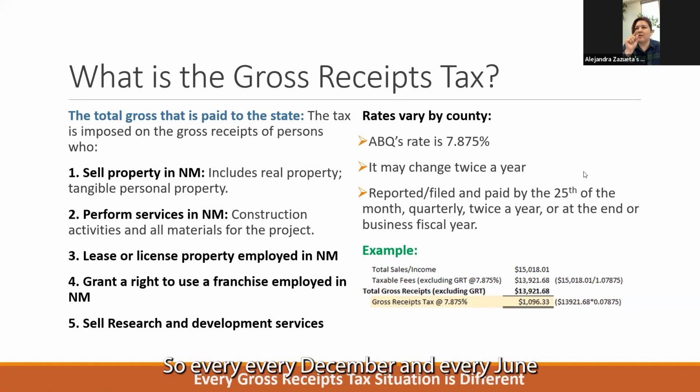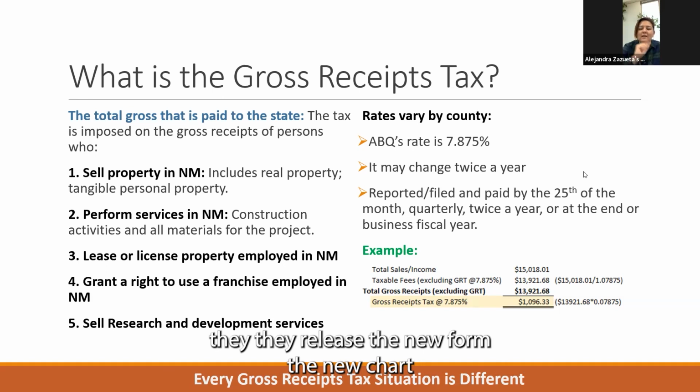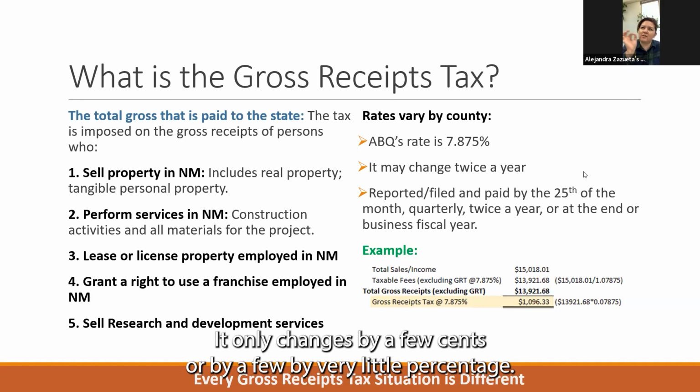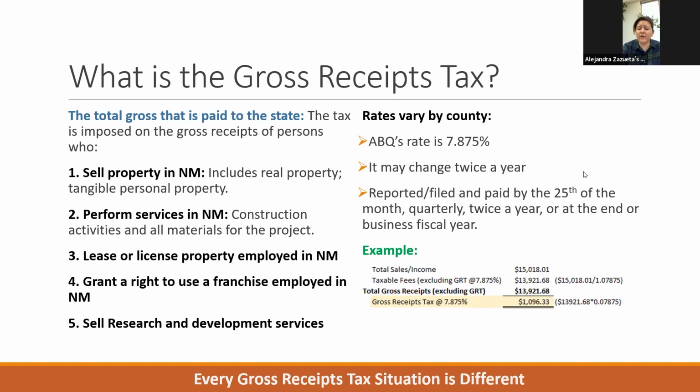So every December and every June, they release the new form, the new chart, and it doesn't really change by that much. It only changes by a few cents or by very little percentage. But you have to be on the lookout for any changes.